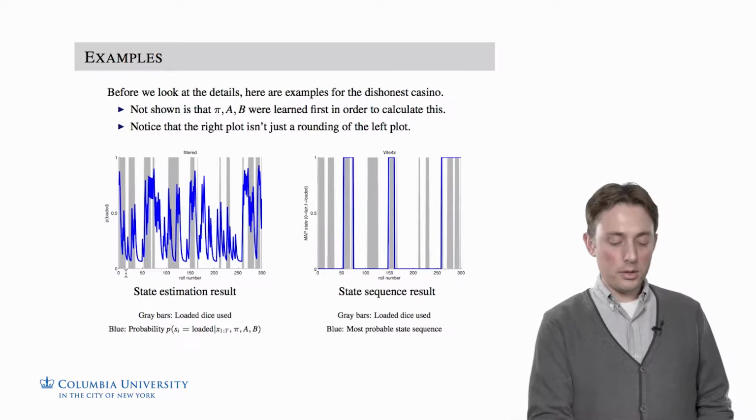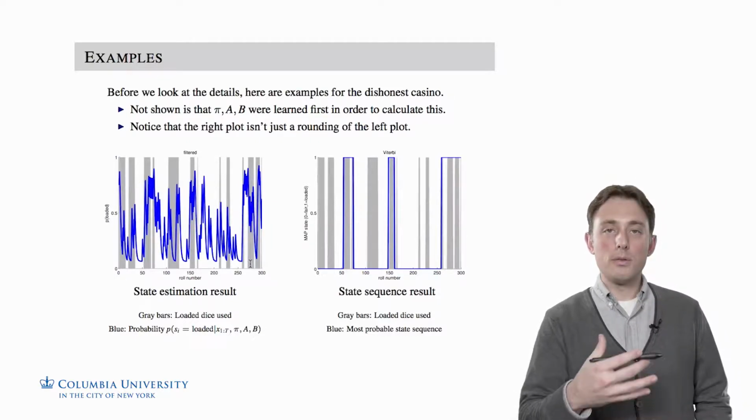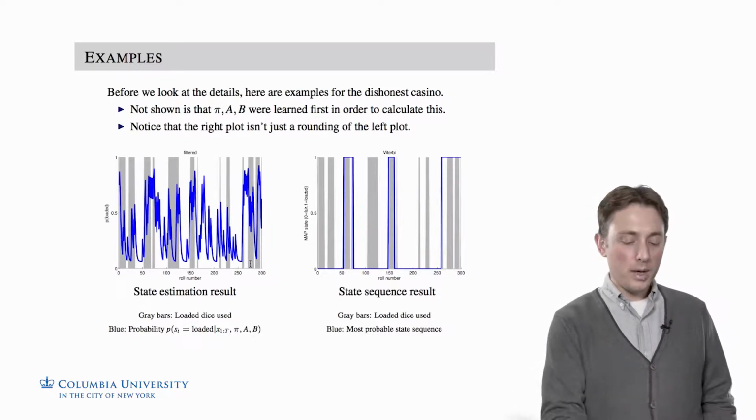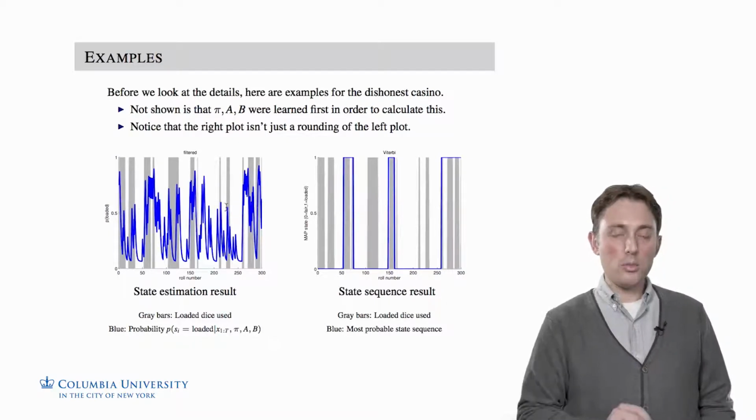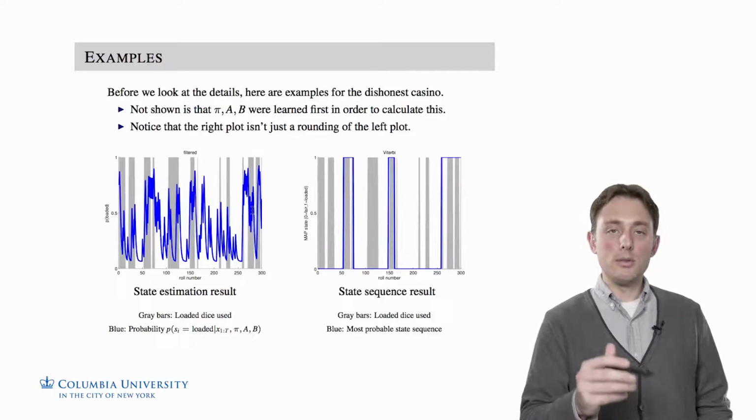However, given that particular sequence of length 300, the forward-backward algorithm can be run, and what we get now is a sequence of conditional posterior probabilities of a given state.